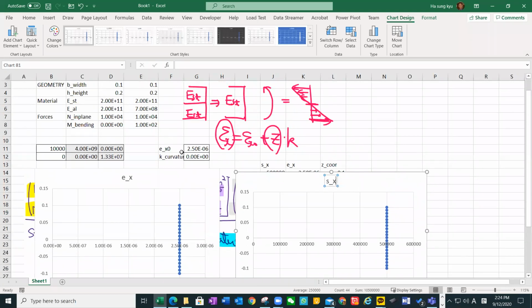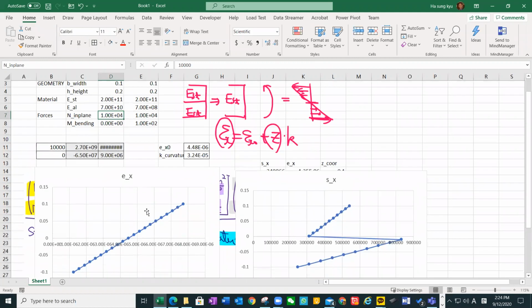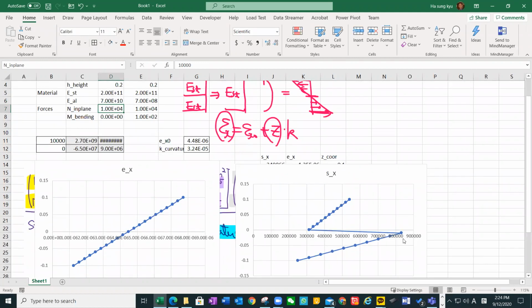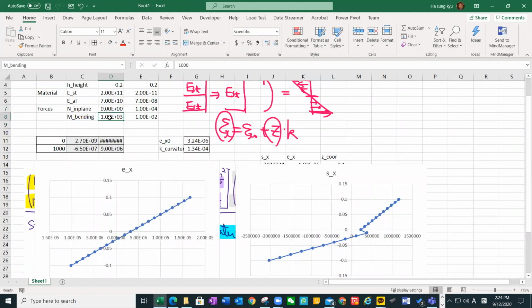Now let's play with some values. And this is the aluminum, 70 gigapascal. And as you can see, how these stresses are suddenly changing. And if we apply only moment, and no in-plane load, what will happen?